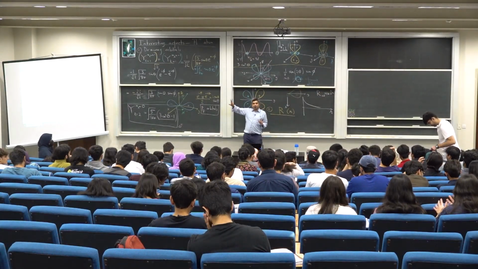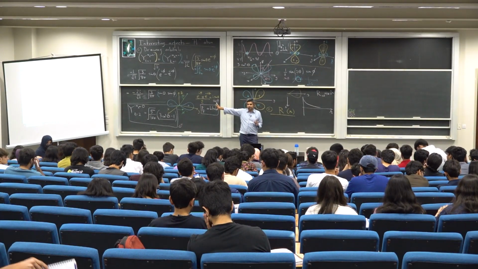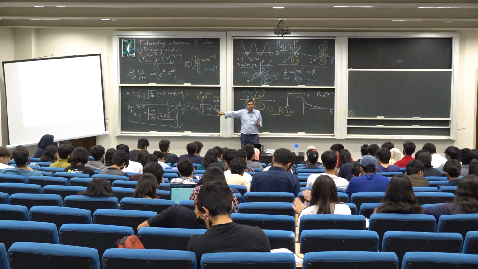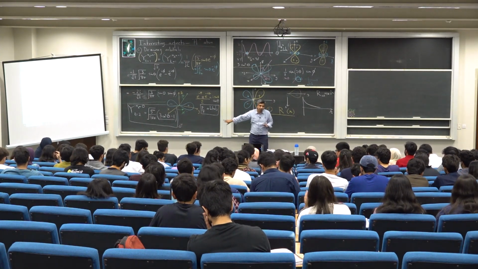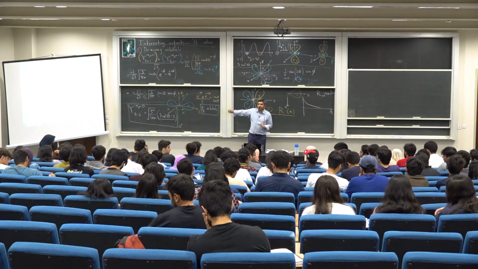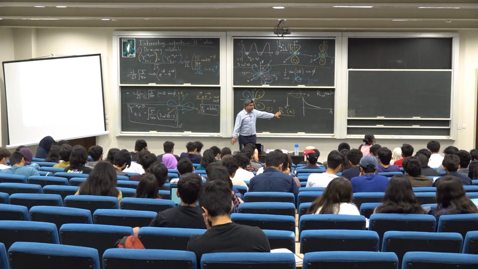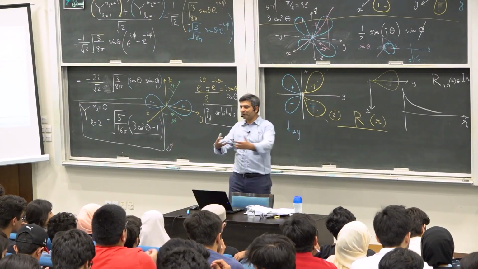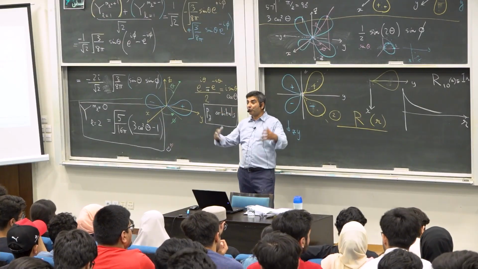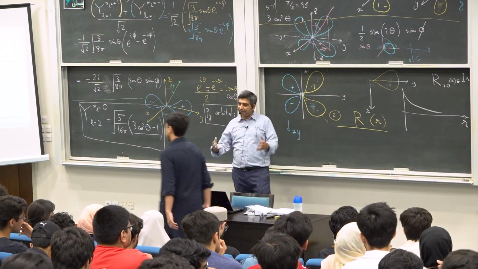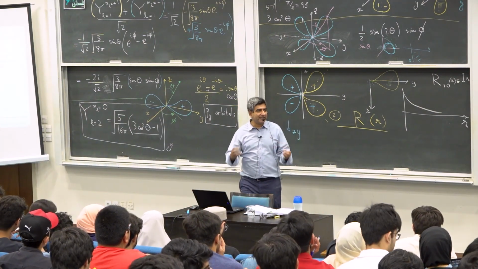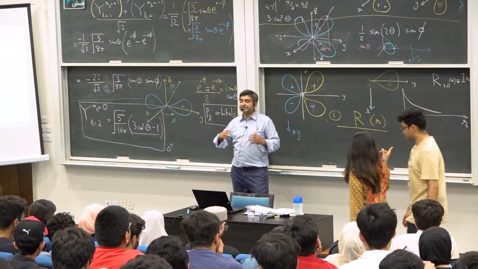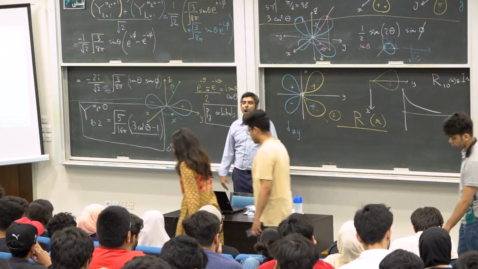So we plotted the orbital parts of the wave function. We've plotted the radial part of selected wave functions. Now the two have to be combined together in order to give you the overall wave function. And I need to answer the question, given the electron is in some orbital, where is the electron?